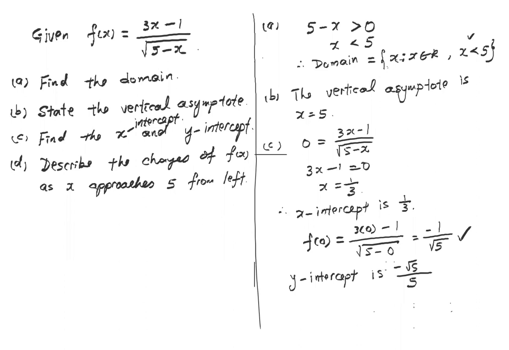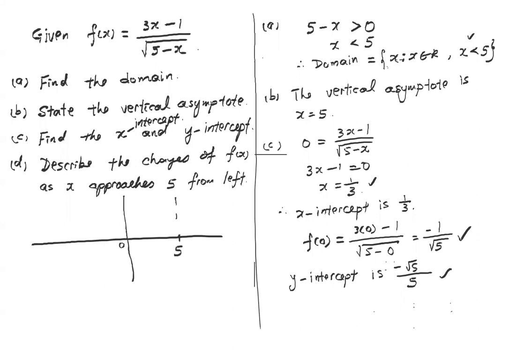So I know that my graph will be... the x-intercept is 1/3, the y-intercept is negative. If I draw the graph first, let you have a look at it. It starts from 5.